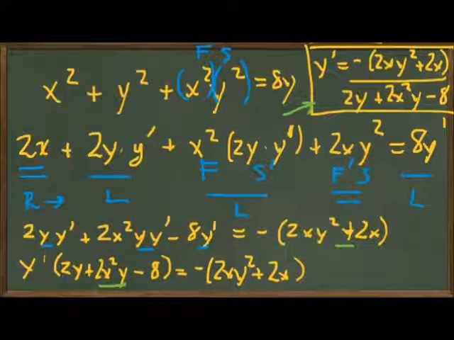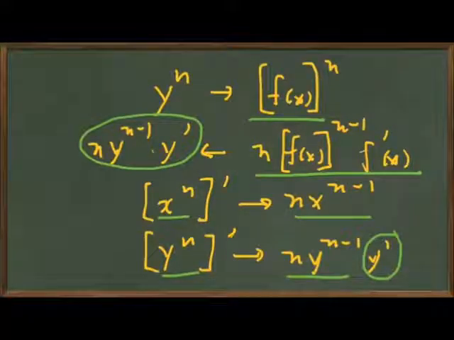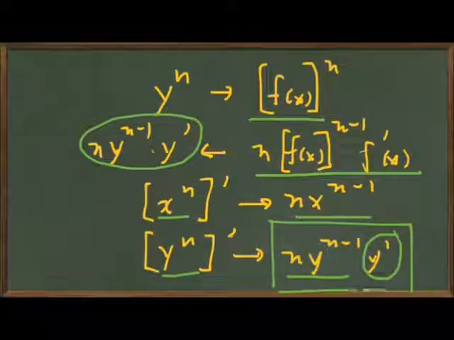A little bit of complicated algebra in getting there, but the differentiation rules for differentiating the implicit function, I hope you'll agree, are not too difficult. It's just the power rule tacking on a y prime.